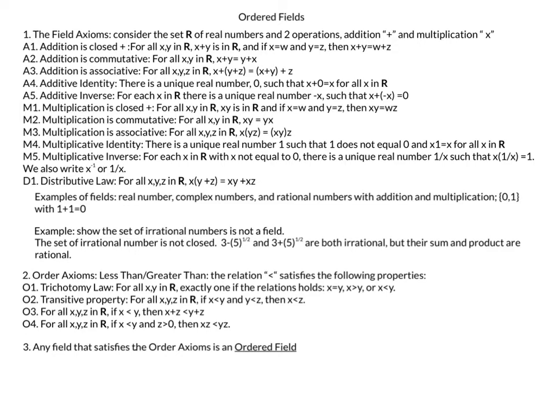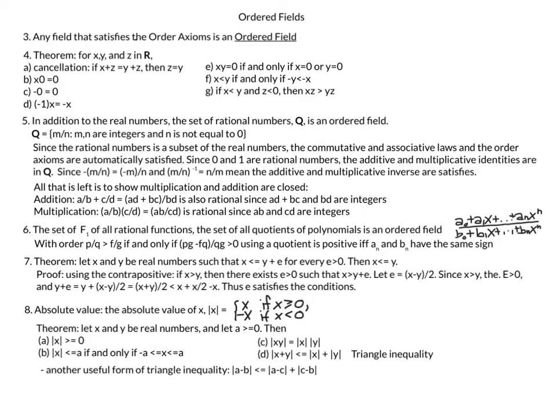So a lot of these properties that you have taken for granted with the real numbers, we're going to take a closer look at, and we want to not take them for granted and prove that we can still do the things that you're expecting. So here is the first overview slide, and this is the second overview slide.